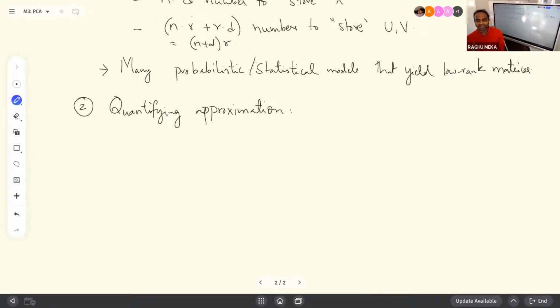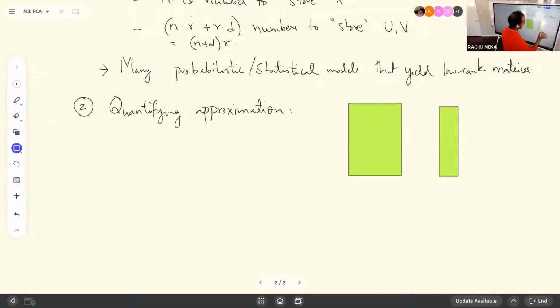So one of the most natural things is, of course, to look for the squared error, right? Just like in square linear regression and in everything else that we've been doing, we can look at the squared error. So we have our matrix X, and I'm trying to approximate it with something which is low rank.